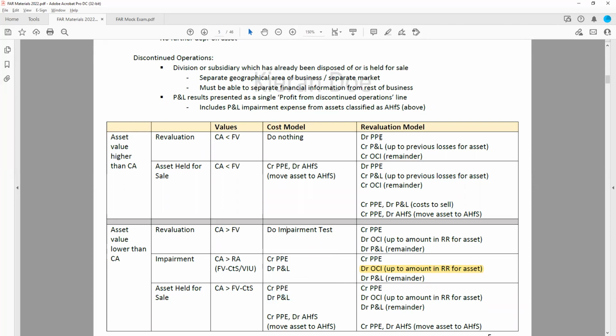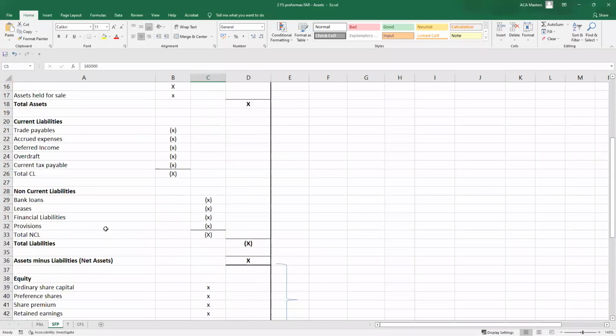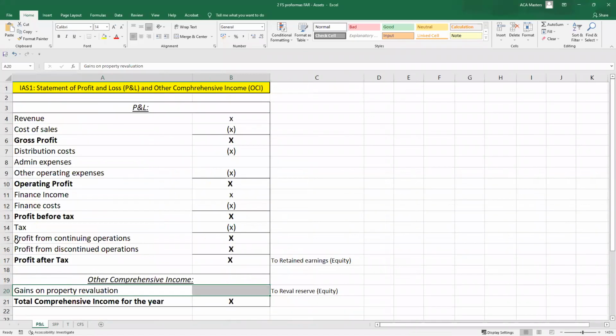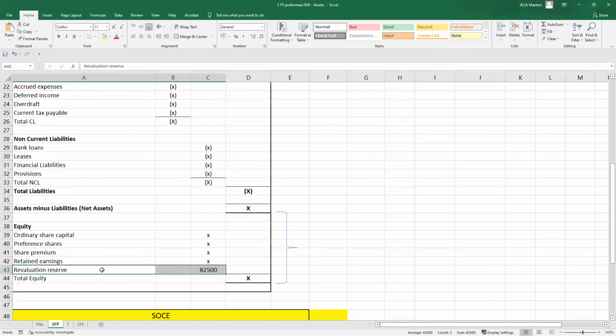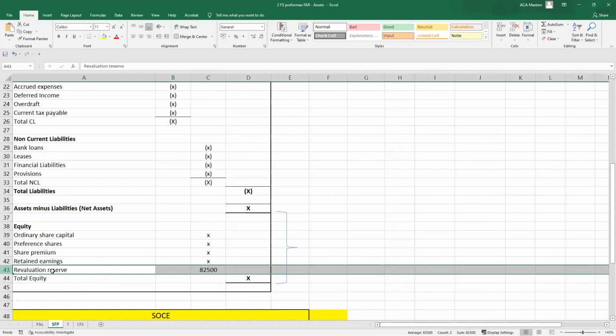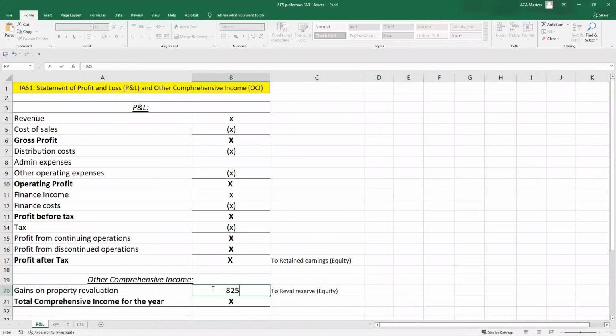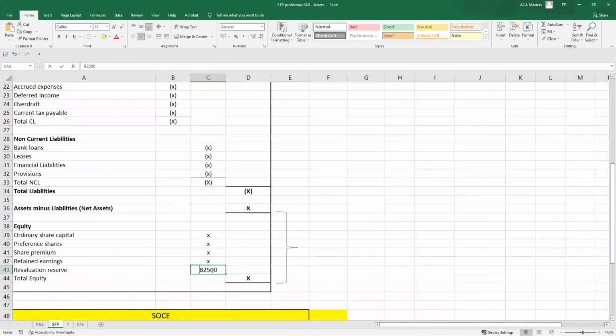Now, if that asset has previously been revalued upwards so that you have an amount sitting in the revaluation reserve for this asset, then the impairment will firstly go through other comprehensive income to eliminate that revaluation reserve. So you can wipe this out first, so it can go through OCI to the extent there's an amount in there. In this case of that impairment, 82,500 can go through here. That would eliminate the revaluation reserve to zero, but we've still got some more of the impairment.